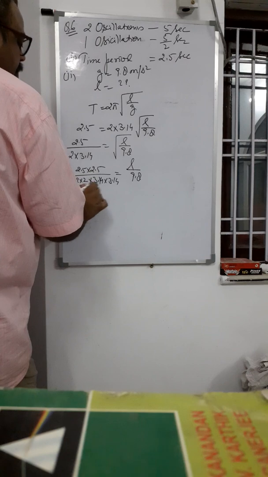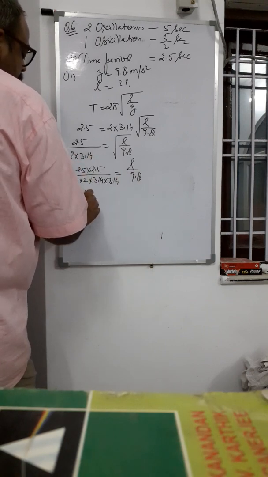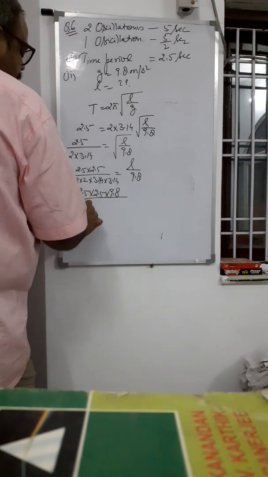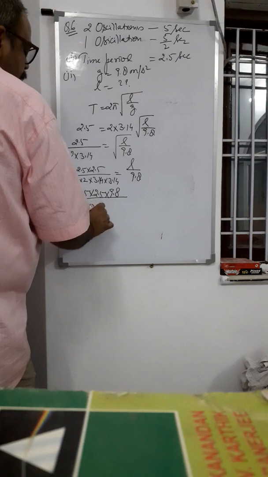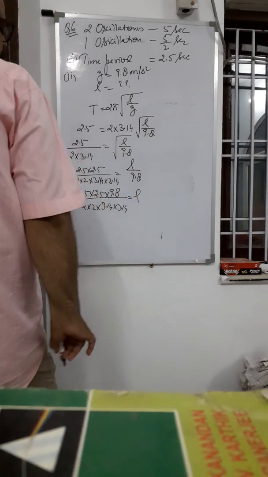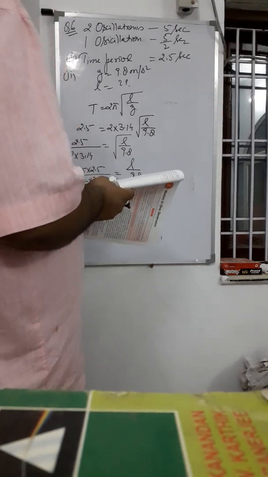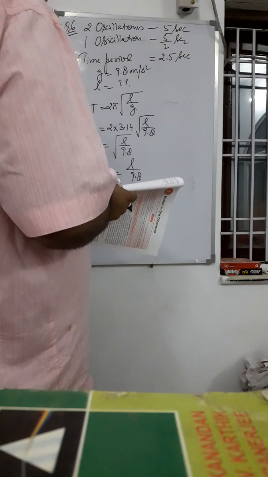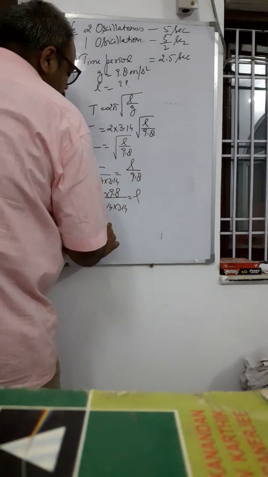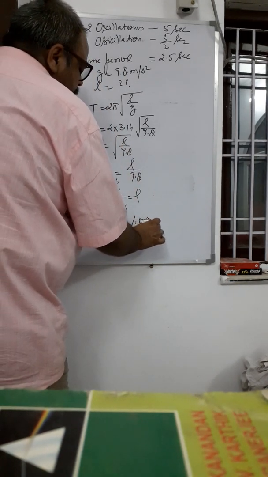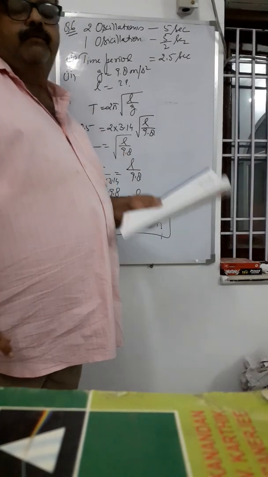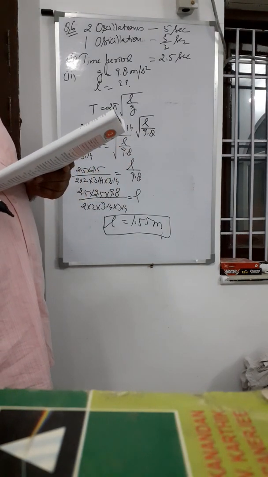So 9.8 cross multiplied, 2.5 into 2.5 multiplied by 9.8 over 2 into 2 into 3.14 into 3.14. This will be the required length. So first of all multiply this. If there is any cancellation, you cancel. When you solve, you will get L is equal to 1.55 meter. This was our question number 6.